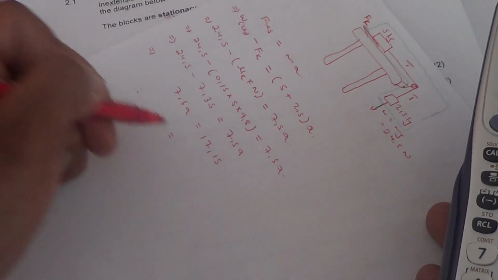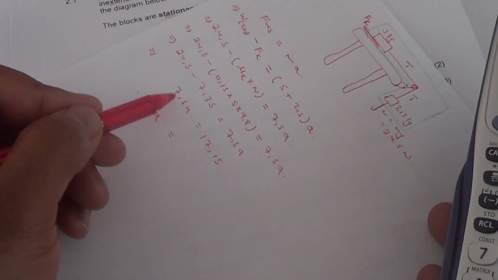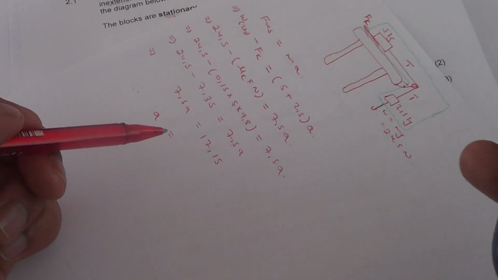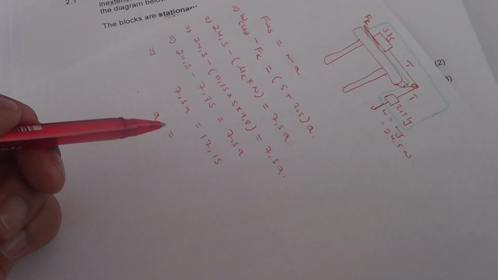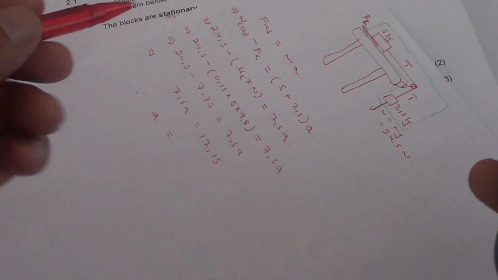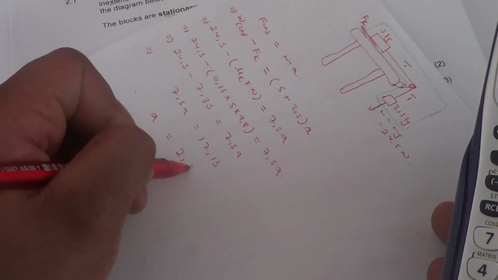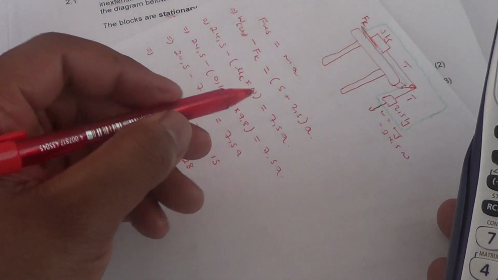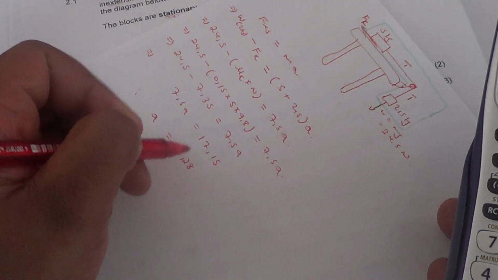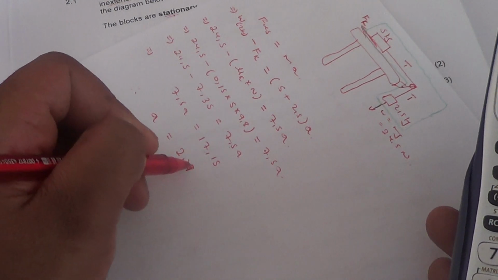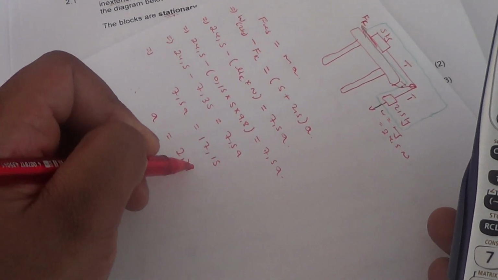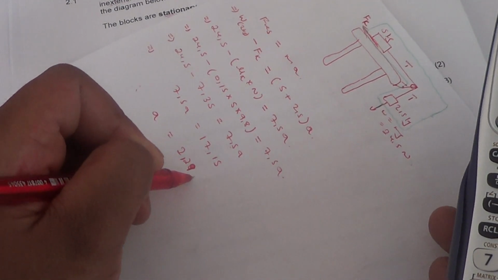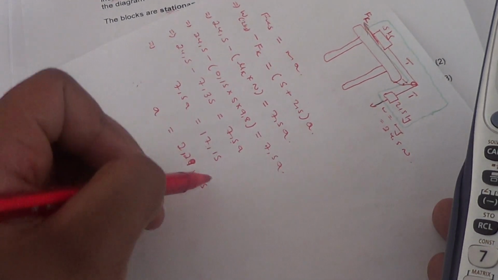Therefore the acceleration is going to be this one divided by that. So here I get 2.2866, so it's going to be 2.29 basically. 2.29 meters per second squared.